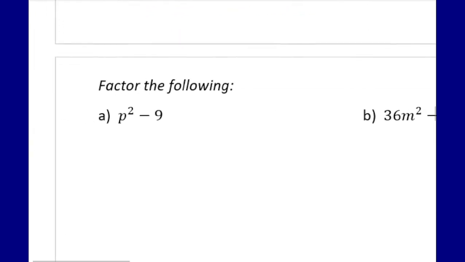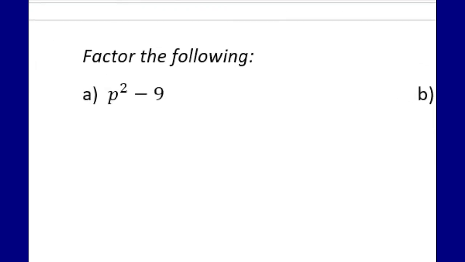So let's look at some examples. P squared minus 9, well, let's check. Do we have a perfect square? Square root of p squared is p. Square root of 9 is 3. So we have two perfect squares, separated by a subtraction.